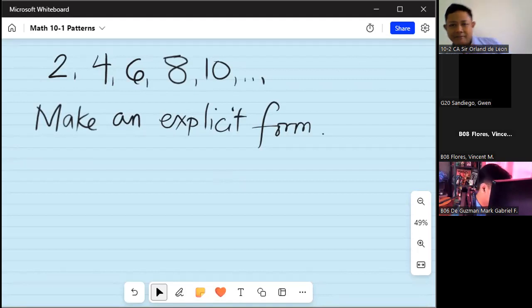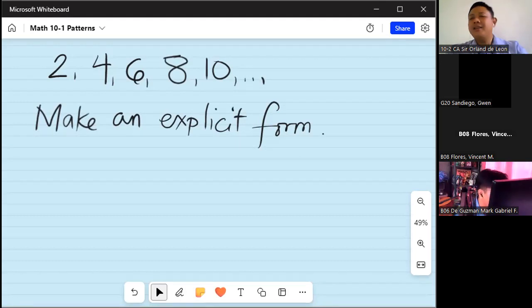Very good. Thank you. So, there's actually a pattern or a process that can be followed in your module. You just have to use the formula that's used to identify the explicit form.